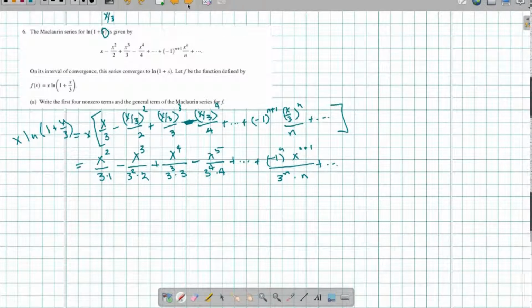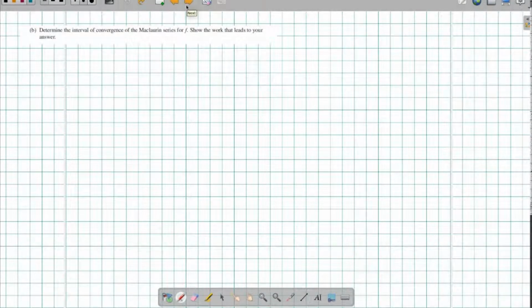On part B, they're asking us to determine the interval of convergence, and probably the easiest thing to do would be to look at the ratio test. In other words, I want to know what's going to happen when I take a sub n plus 1 over a sub n, the limit as n increases without bound. And of course, I really want to know when this is going to be less than 1, because if that's true, then that means my terms are getting smaller successively.